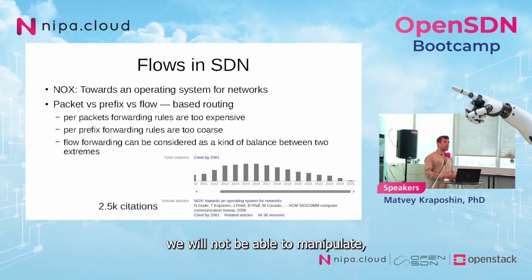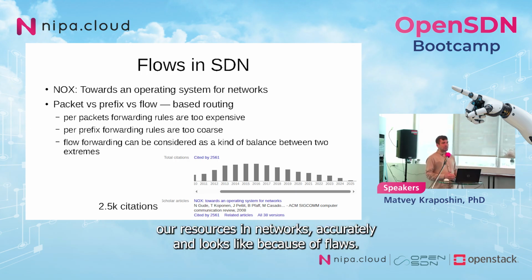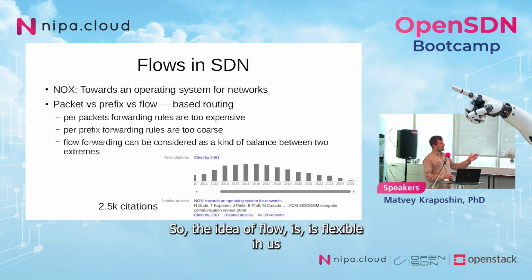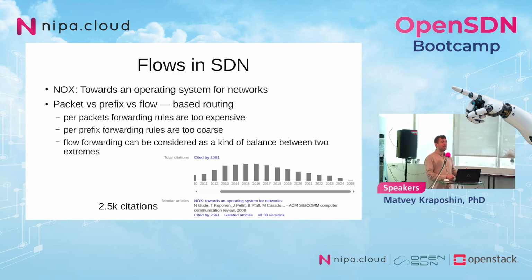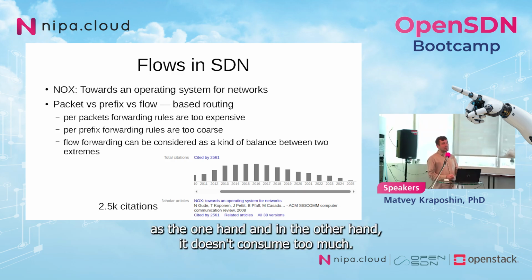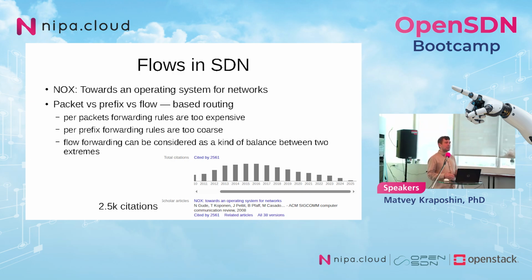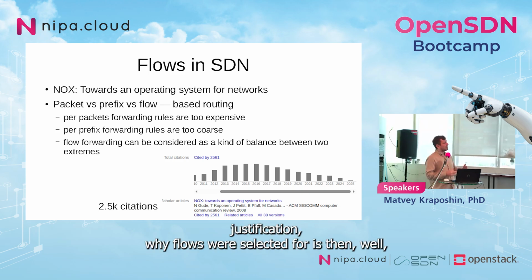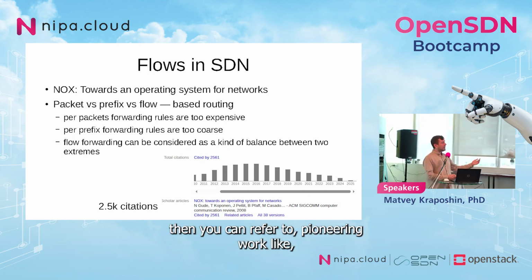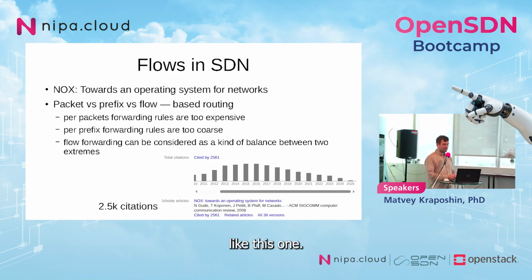We will not be able to manipulate our resources in networks accurately. And it looks like the idea of flow is flexible enough on the one hand, and on the other hand, it doesn't consume too many CPU resources. So if you want to understand the justification of why flows were selected for the SDN world, you can refer to pioneering work like this one.